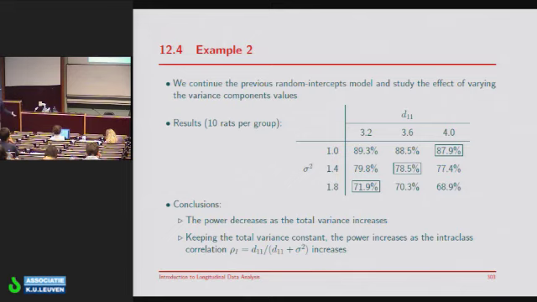And more variability usually means less power. If you keep sigma squared fixed and you let D11 increase, then what you see is that the power here decreases.